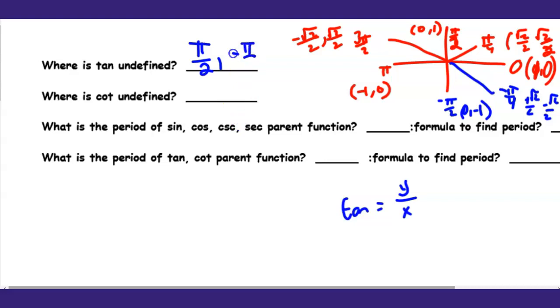Negative pi over 2, because that would be negative 1 over 0. Now, in reverse, think about cotangent. Remember, cotangent equals x over y. So where would that be undefined? 0 radians and pi radians.